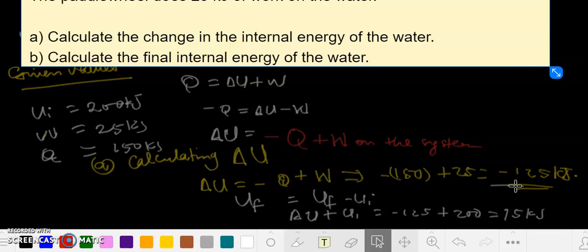And it is good to note that we use the negative sign for work done on the system. But when work is done by the system, we use the positive sign.